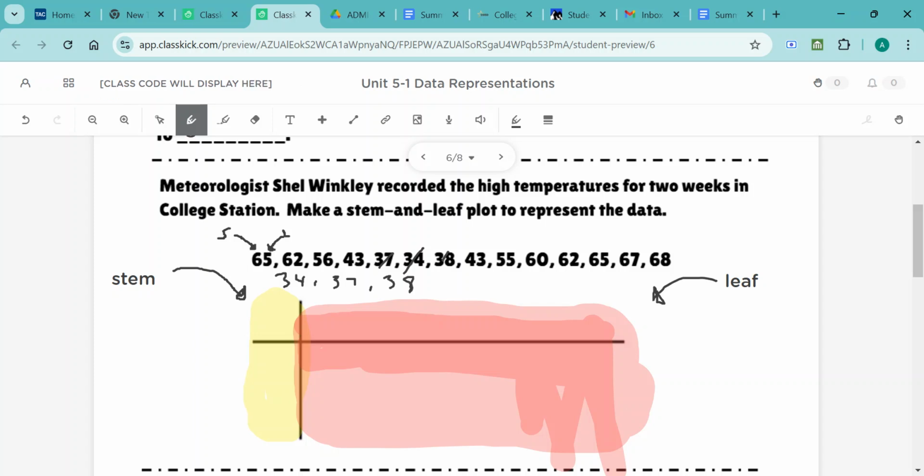I have 43, 43. Okay, so I'm going to write both of those, 43, 43. No more 40s. Now I have 50s, 56, 55. So I'm going to mark both of those and write them 55, 56. Now I have some 60s. I have 60.